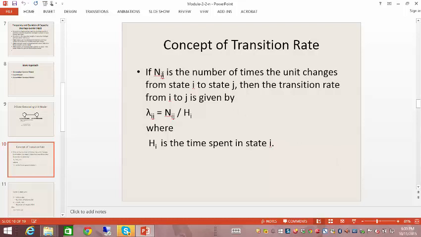If you have got the states of a unit and Nij is the number of times the unit changes from state i to state j, then the transition rate from state i to j is given by lambda ij equals the number of times you go from i to j divided by Hi, where Hi is the time spent in state i.